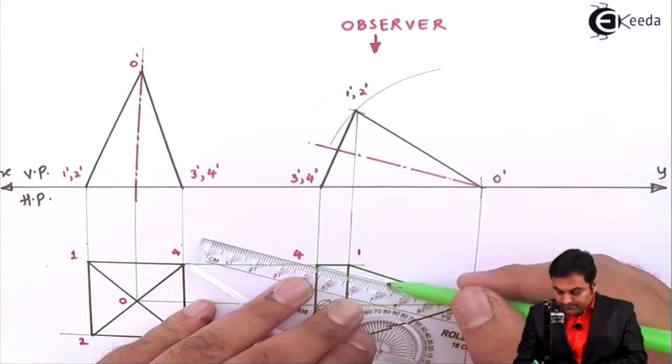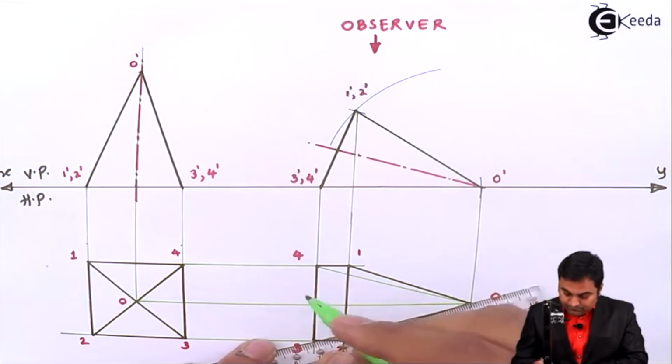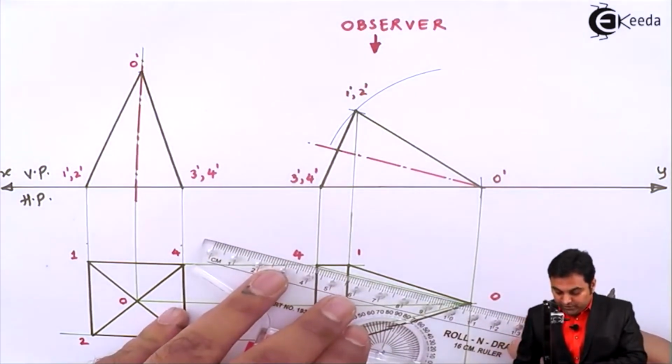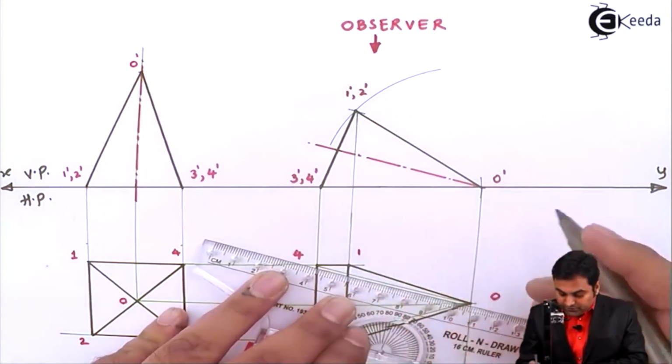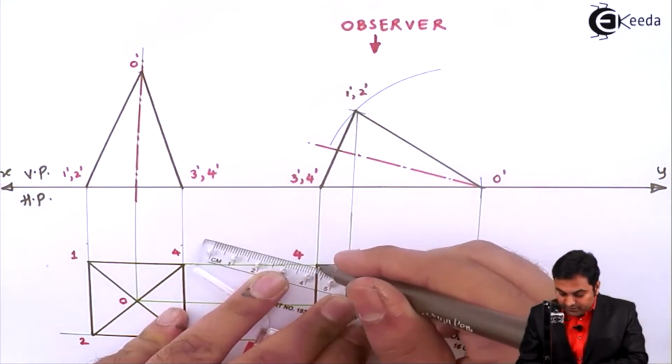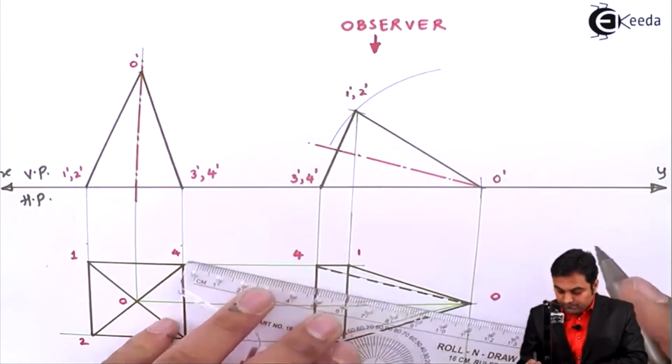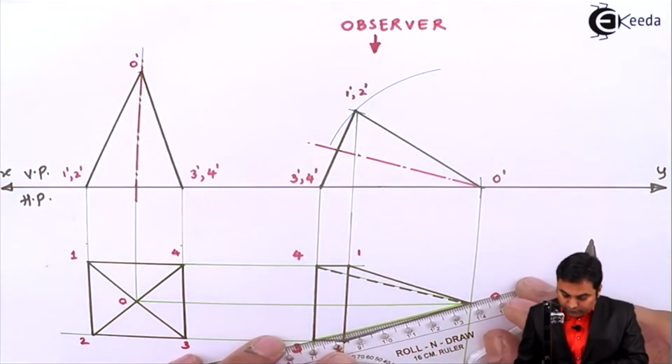Drawing it light, and then I'll draw it with a hidden line because edges of the pyramid are continuous. So O to 4 and O to 3.